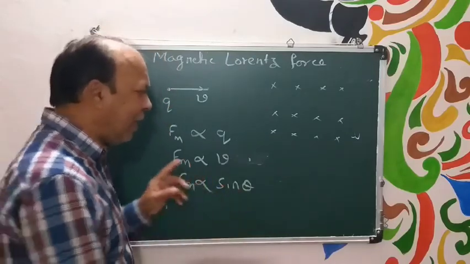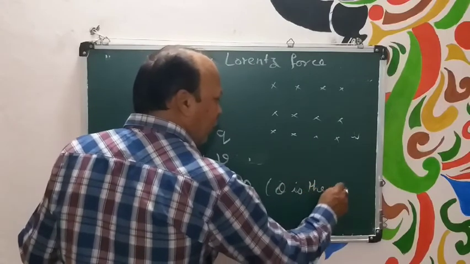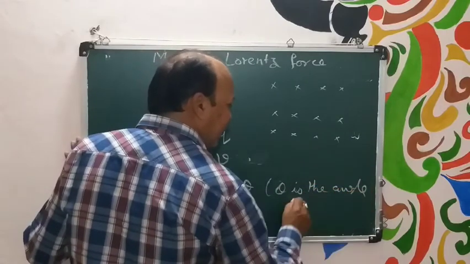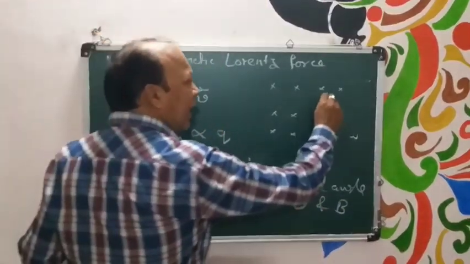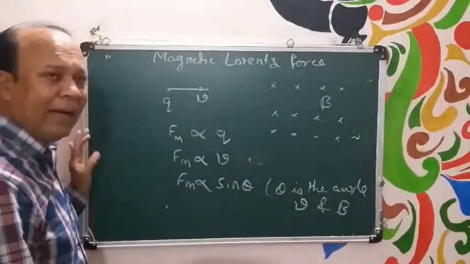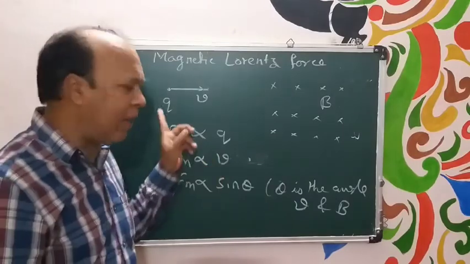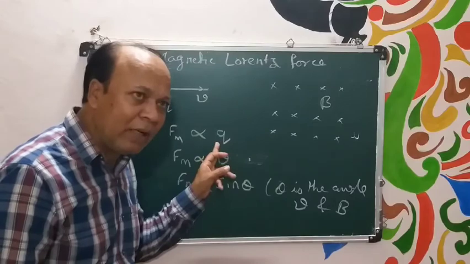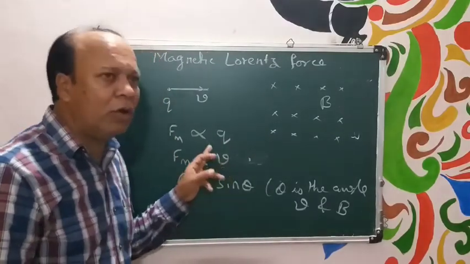Theta is the angle between V and B. And what is B? B is the strength of the magnetic field. Is that clear? So this magnetic force Fm will depend on the magnitude of charge. Fm will also depend on velocity.